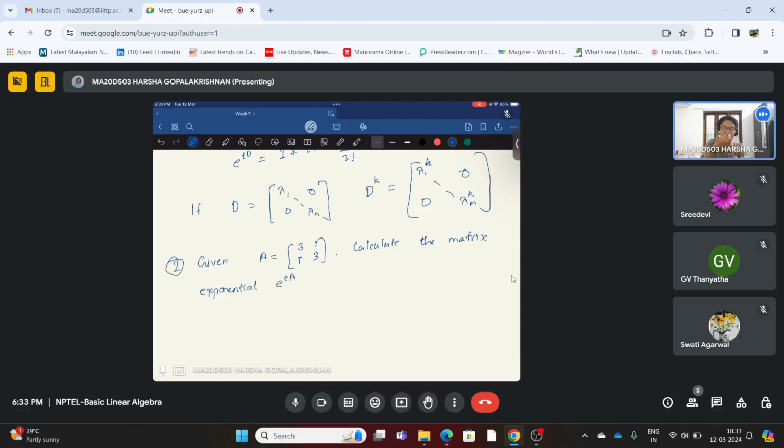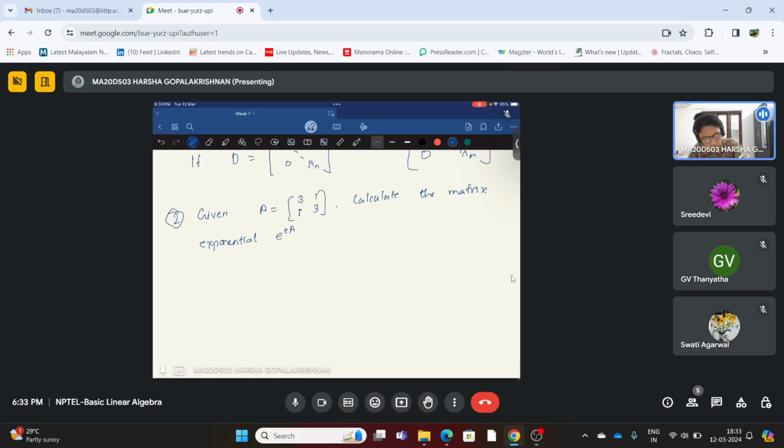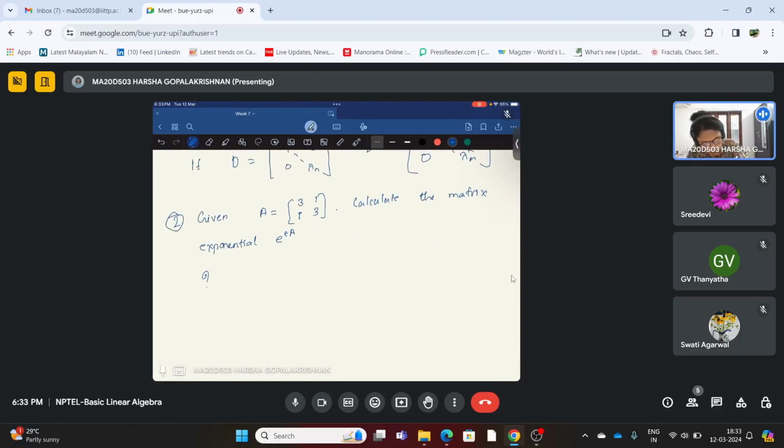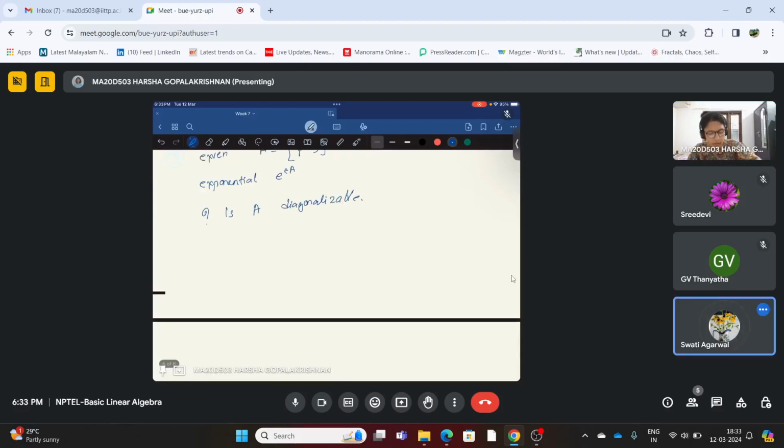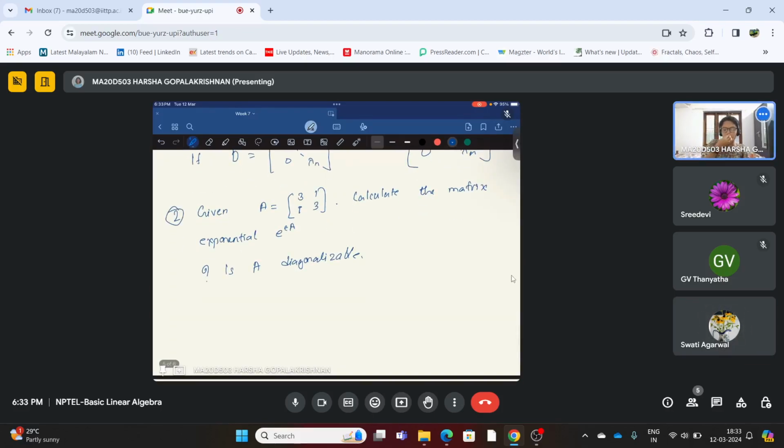Okay, t is some value, like some variable. Now the first question is, is A diagonalizable? First of all, we need A to be diagonalizable, otherwise we cannot use the above result. So by just seeing, without doing any calculation, can anyone say if it is diagonalizable or not?